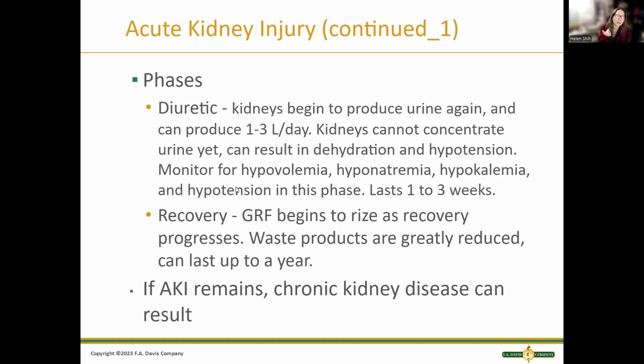Hypovolemia, which means low circulatory volume, hyponatremia, meaning low sodium levels, hypokalemia, meaning low potassium levels, and hypotension for low blood pressure. This phase, if the patient skipped the oliguric phase and went directly into the diuretic phase, can last 1 to 3 weeks for the patient.